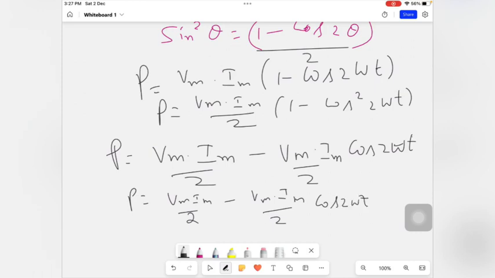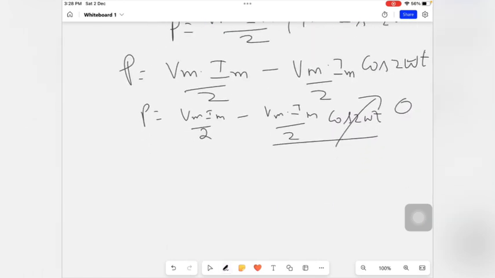You can observe the second part of the power equation. This is a fluctuating component. Here the fundamental frequency is 2 times the normal frequency, so its value over one complete cycle is 0. Therefore this term will be 0.